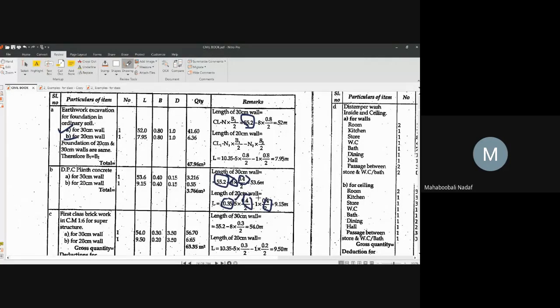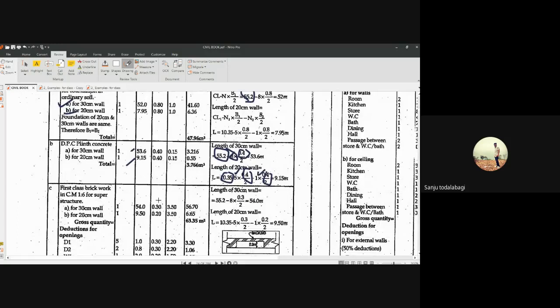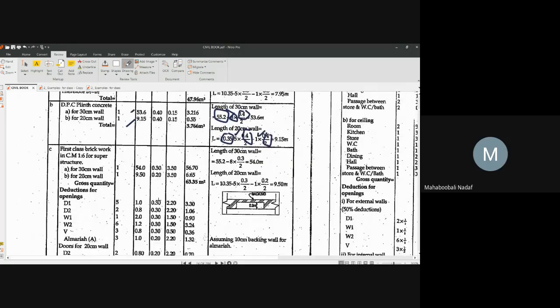Minus 5 is one junction, minus 1 is another junction. How much are you getting? 53.6 and 9.15. Okay.